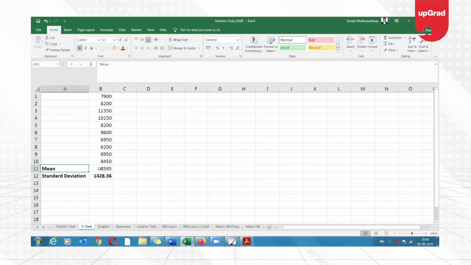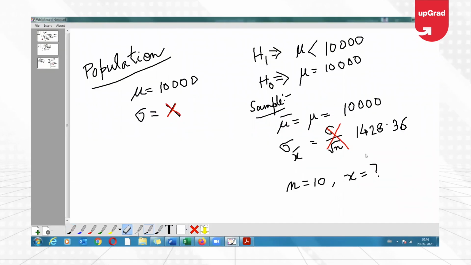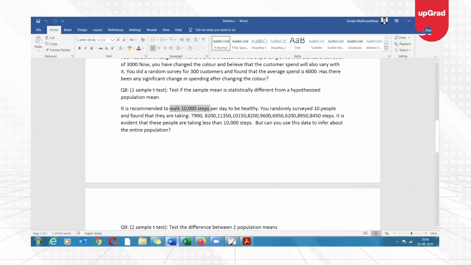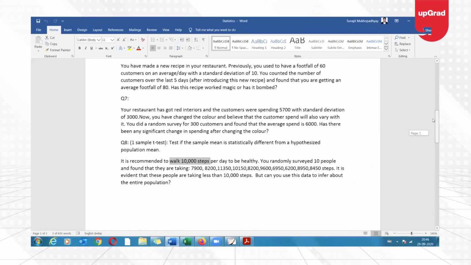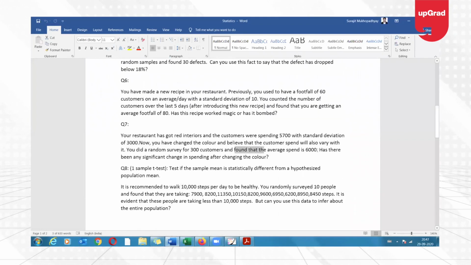And the mean is 8595, which is nothing but this x. So if you remember during z-test, this used to be our x, the average in the sample side.